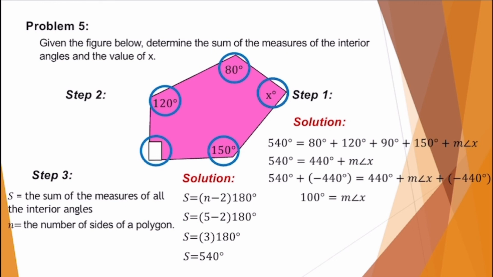And next, by symmetric property of equality, the degree measure of angle X is equal to 100 degrees. For our step 4, therefore, the sum of all the interior angles of the pentagon is 540 degrees and the degree measure of angle X is 100 degrees.